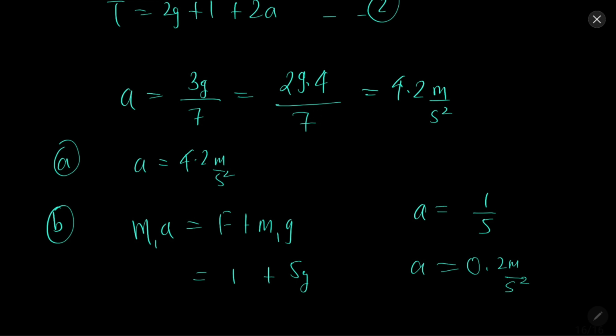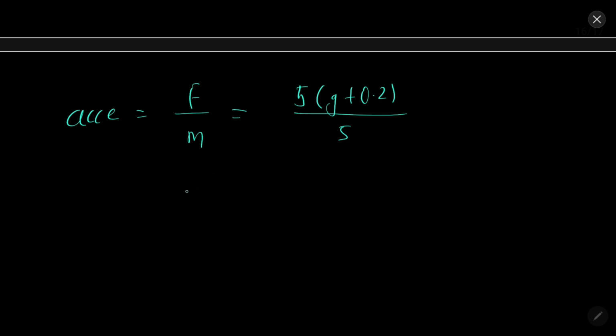So from this we can find the resultant force upon mass. So 5g plus 0.2 over 5. So it will give us g plus 0.2 meter per second square.